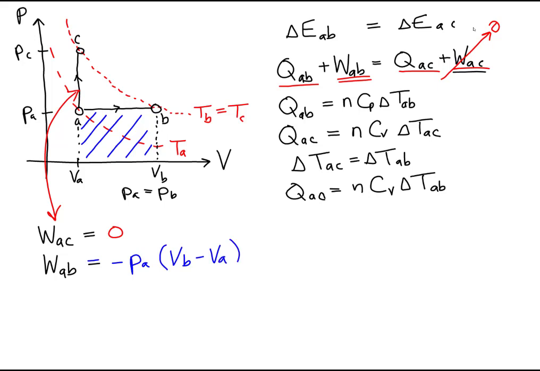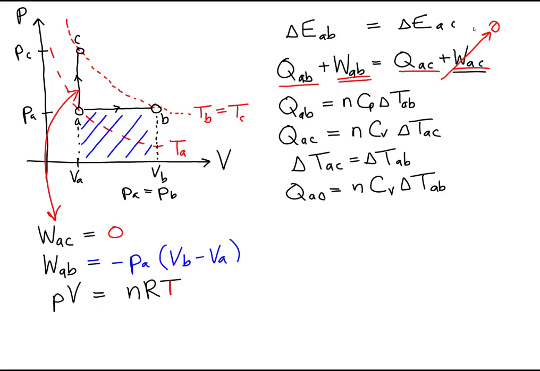Now let's recognize the fact that the ideal gas law gives us a connection between pressure, volume and temperature: the product of pressure and volume is equal to the number of moles times the gas constant times the temperature at a particular state.